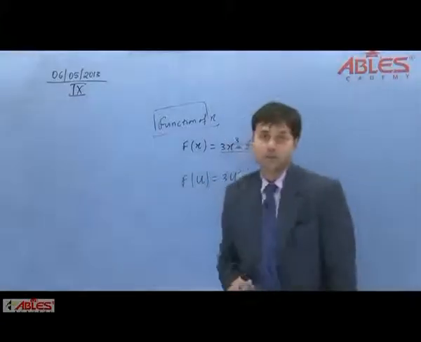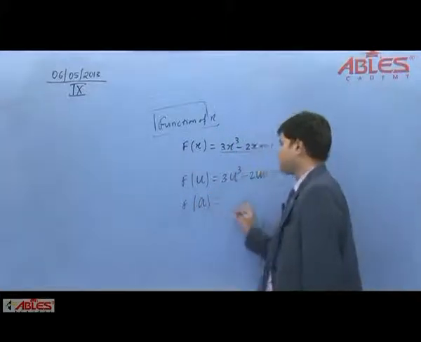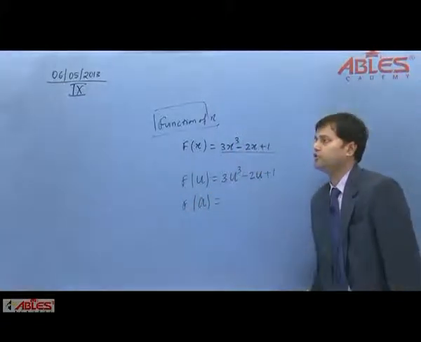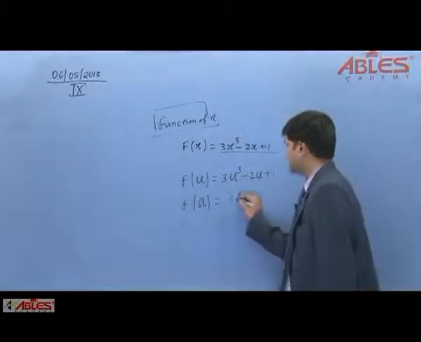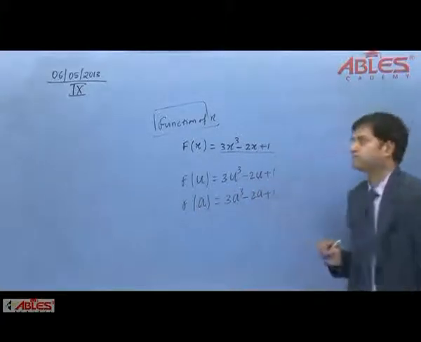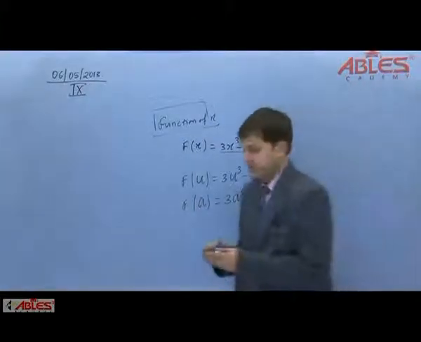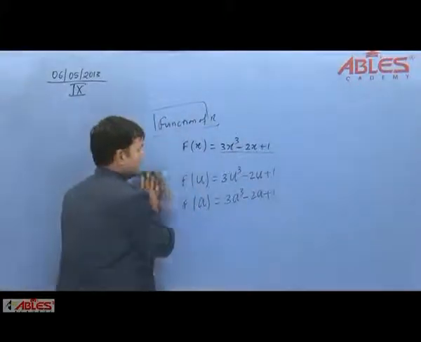Suppose we are expressing this in terms of a. So f of a means we are expressing the given polynomial now in terms of a. So we get f of a as 3a cube minus 2a plus 1. Okay students, so this is the meaning of f of x, f of u and f of a.